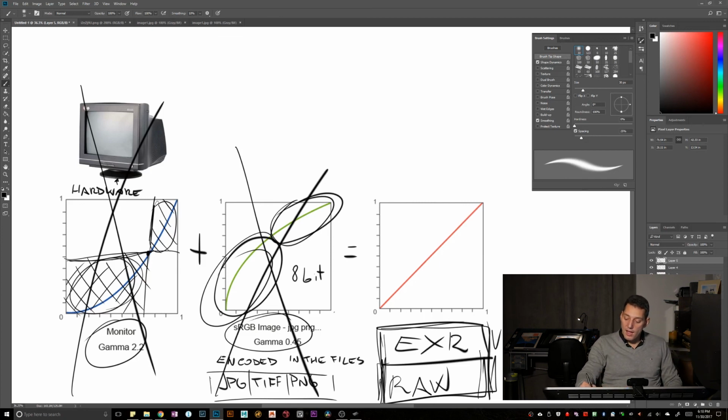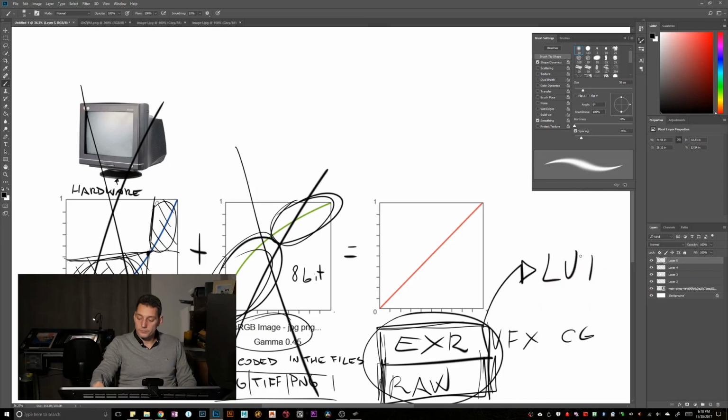Now we need to have something that shows these images correctly through our screens, which is called a LUT.